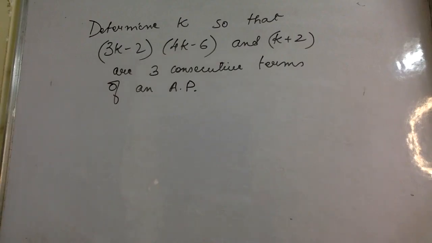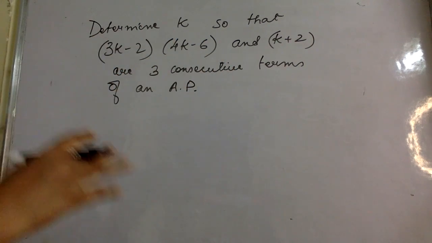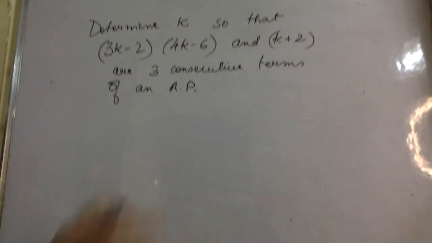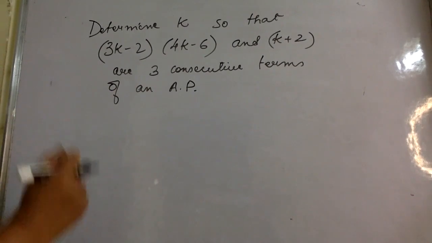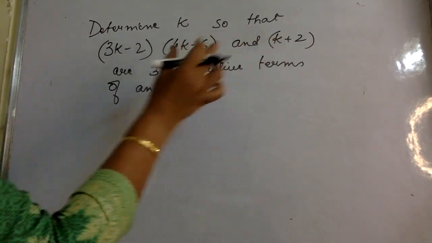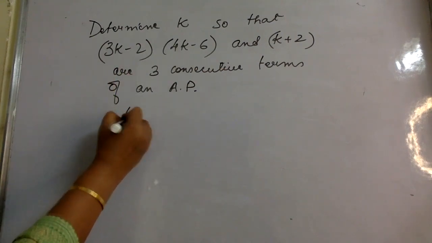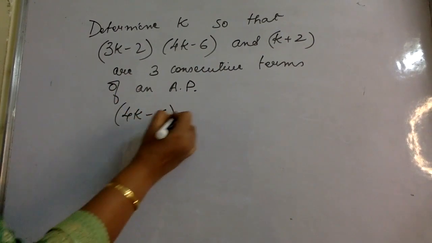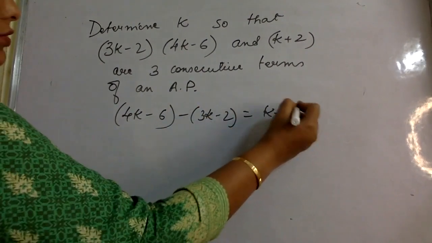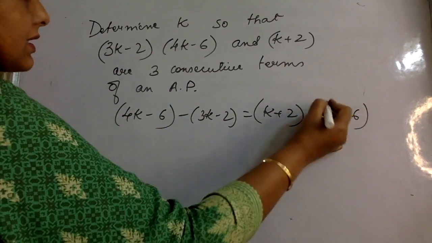Determine k so that these three are 3 consecutive terms of an AP. For what value of k will they be 3 consecutive terms of an AP, that we have to find. Remember one thing, if these three are 3 consecutive terms, then the common difference is definitely going to be equal. So 4k minus 6 minus (3k minus 2) is (k plus 2) minus (4k minus 6).